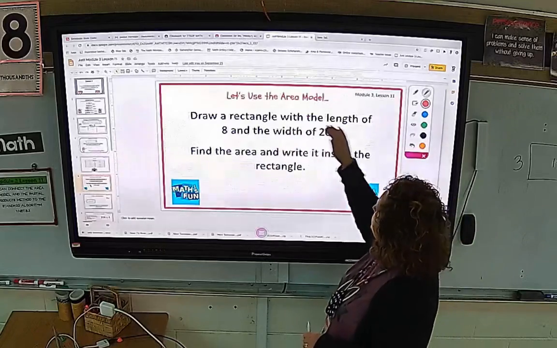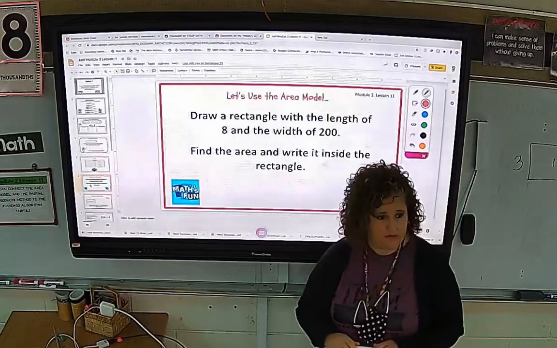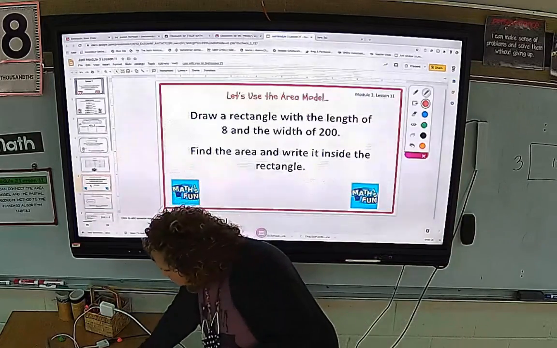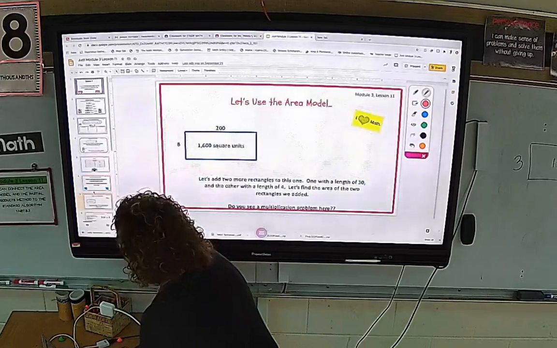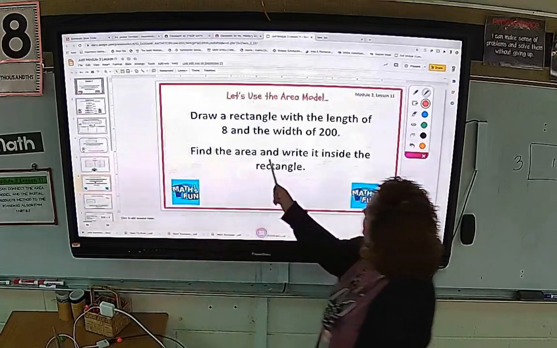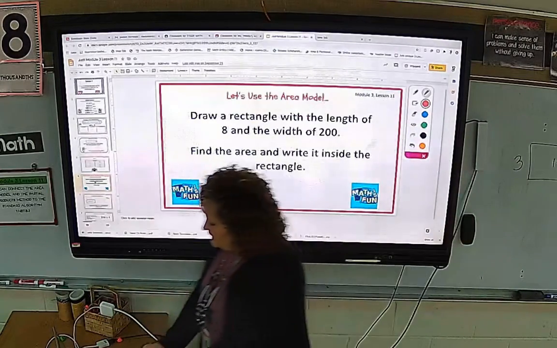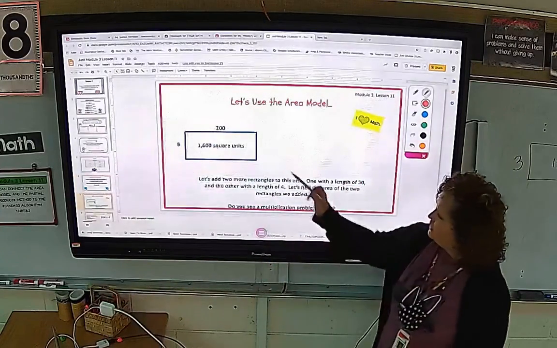Draw a rectangle with the length of 8 and the width of 200. That's a larger rectangle, isn't it? Find the area and write it inside the rectangle. Well, what they've done is on the next slide. So here is the rectangle.